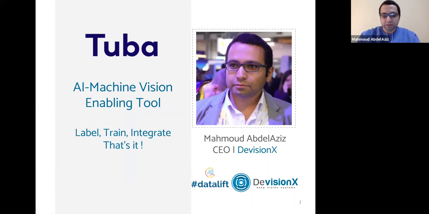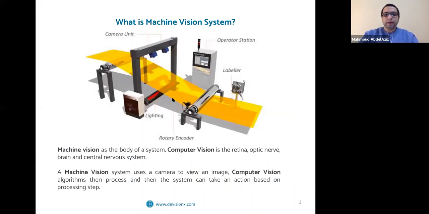We'll go through machine vision systems and AI and what we can do with these tools in the manufacturing sector. If you are not aware of machine vision systems, consider something like a plastic or textile sheet. A machine vision system consists of a set of cameras, different types of cameras may be installed, lenses, lighting, and a control system. All this hardware you can consider the body of the system.